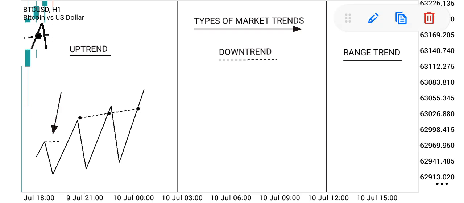The market is breaking structure upward. You see, this is another break of structure. The market clears our previous high, another break of structure upward, signifying that this market structure is an uptrend.